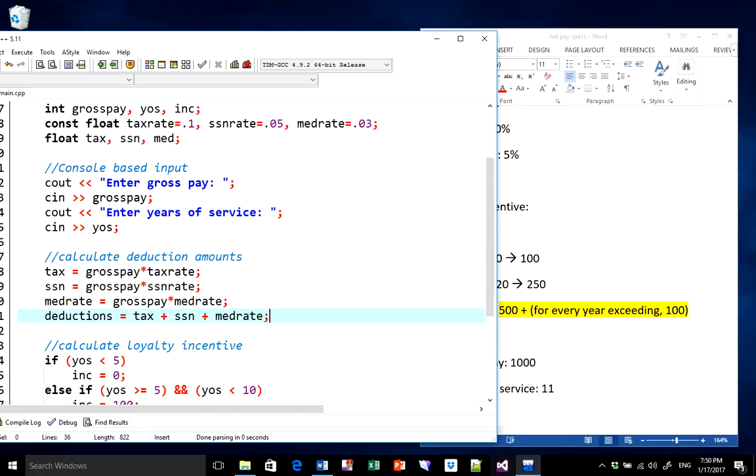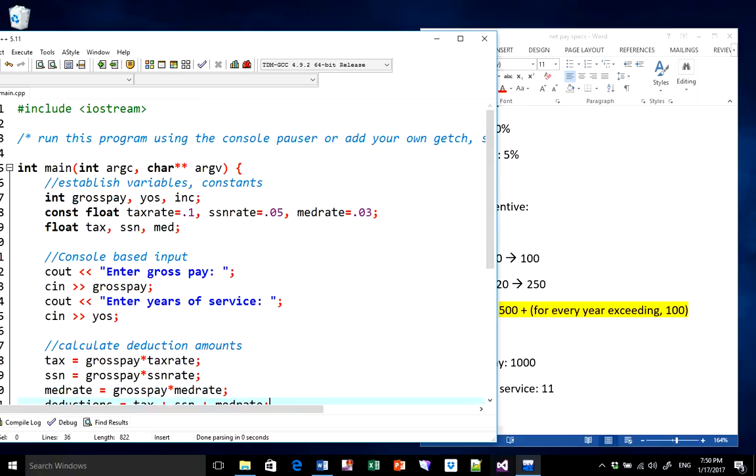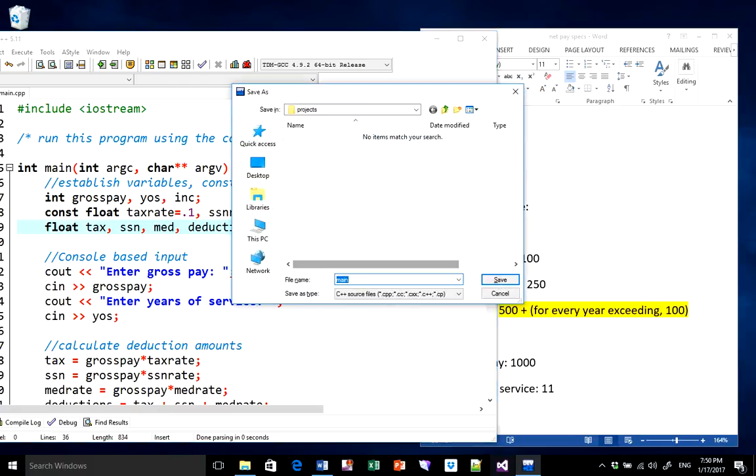And obviously, we're gonna add that under here. I'm gonna call this one net pay.